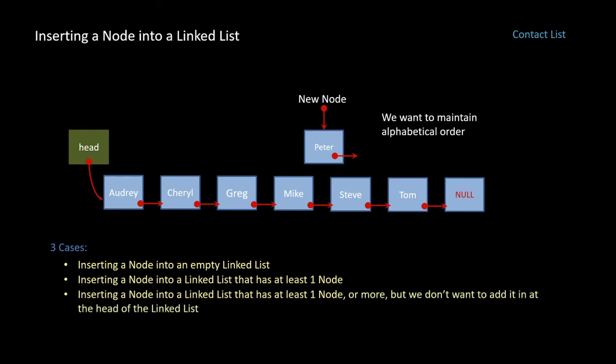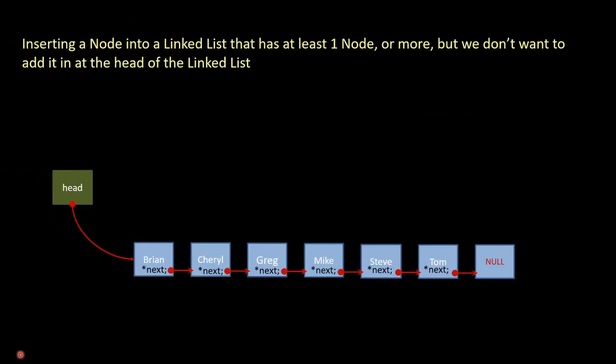And then finally I can insert a node into a linked list that has at least one node or more, but we don't want to add it at the head of the linked list. That's really where we are right now with this particular scenario with Peter.